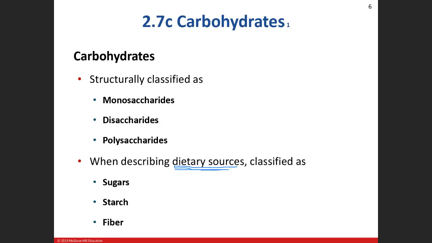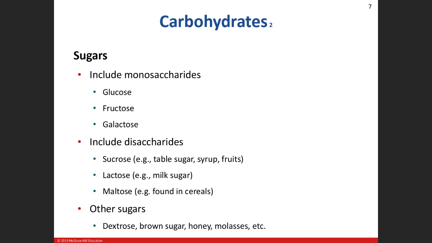Starch is basically going to be glucose repeating monomers of one another. So let's first start off with sugars. That's going to be our first two classes, both the monosaccharides and the disaccharides. You should really make it a point to memorize the monosaccharides here: glucose, fructose, and galactose.